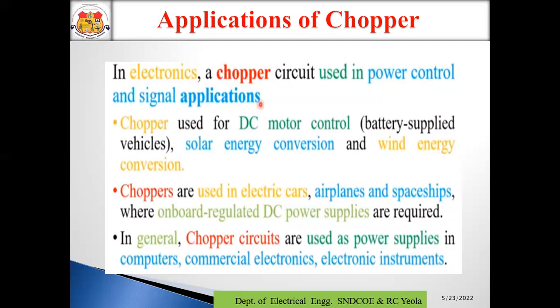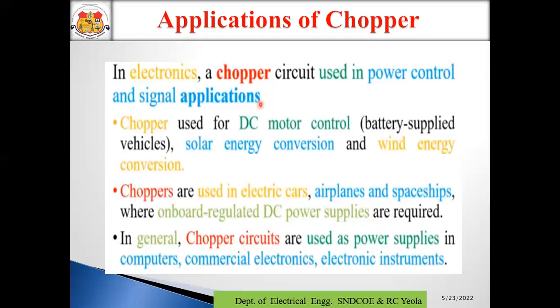It is a very big and very important application of the chopper. That means with the help of chopper, we can control and manage the speed of the DC motor, or battery supplied vehicles, solar energy conversion and wind energy conversion. These are the applications of the chopper.